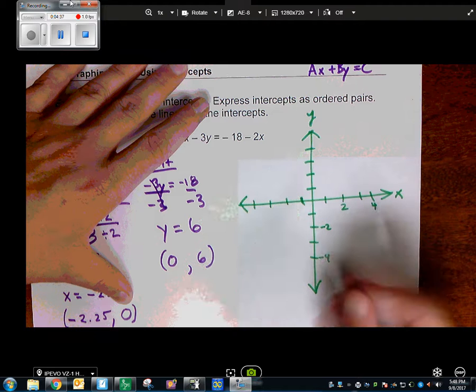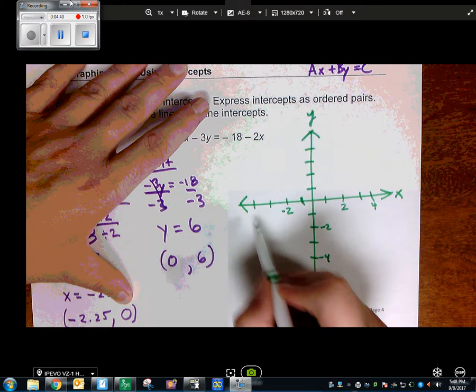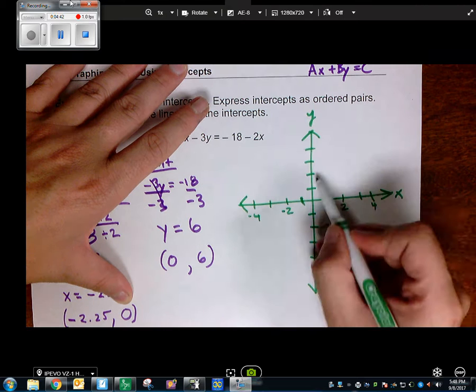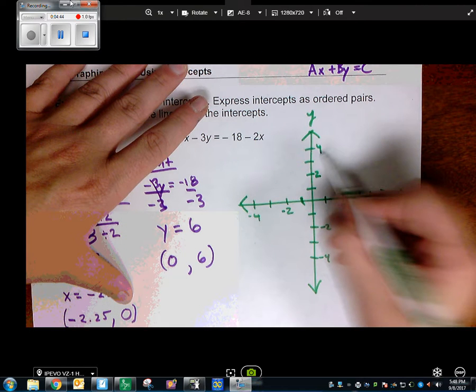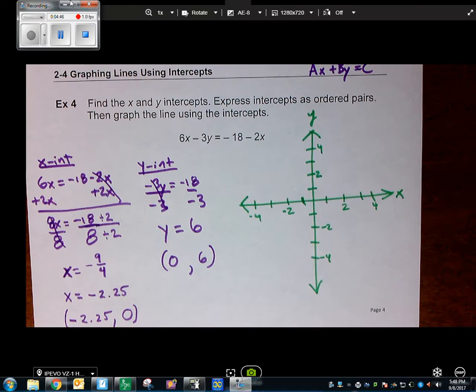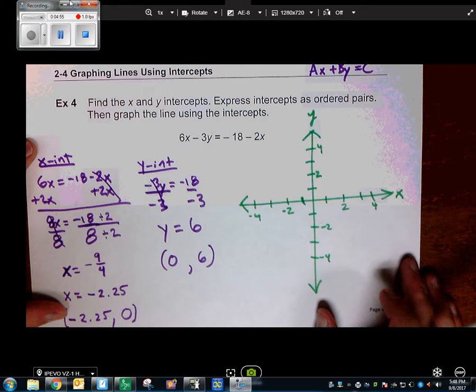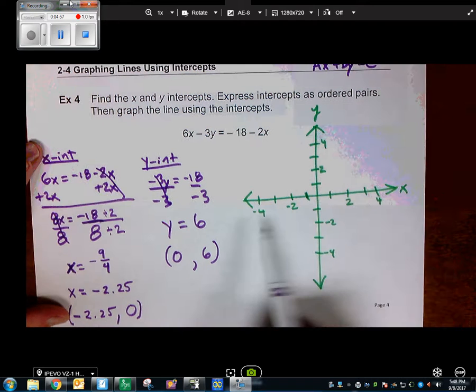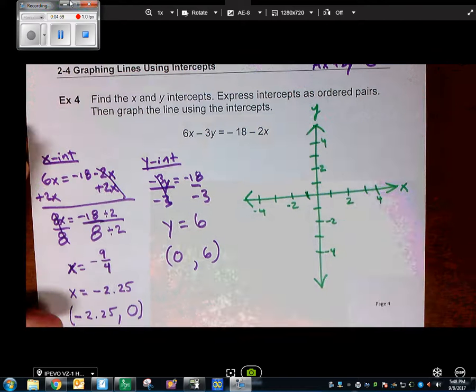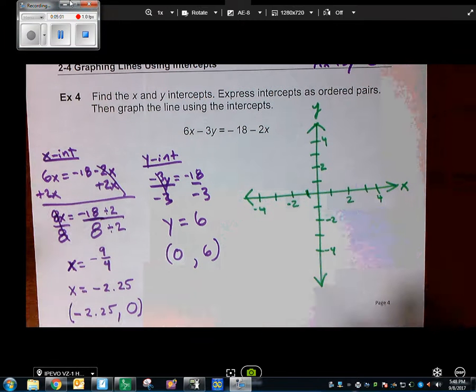I probably should be labeling at least some of these tick marks so you understand how I'm scaling them. If I don't scale a coordinate plane, if I just leave the numbers off, it's safe to assume that I'm scaling them by 1, but it is better if you actually show us specifically how you're scaling. All right, anyway, let's get this thing plotted.